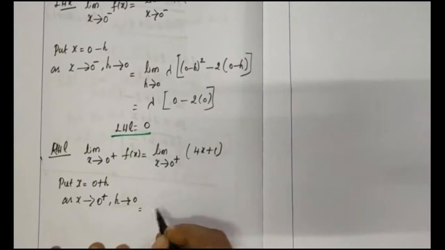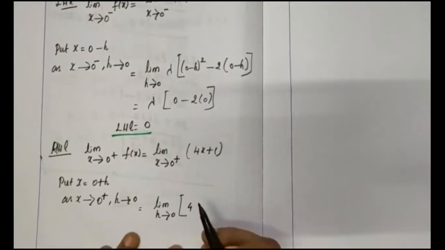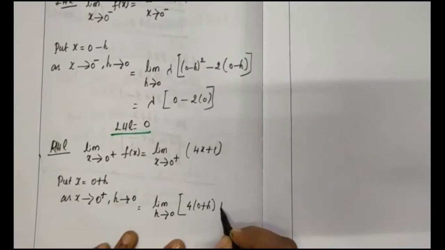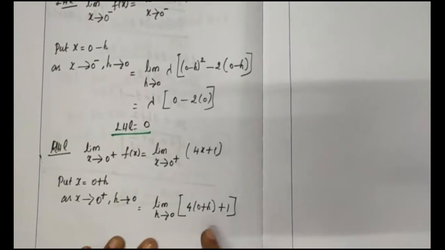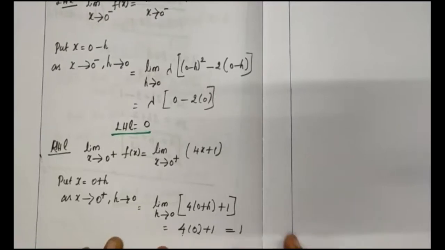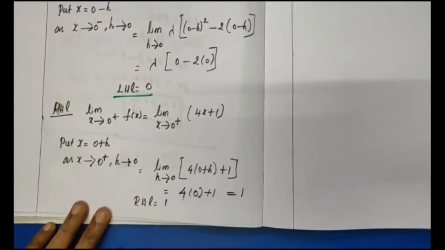Therefore this line changes to limit h tends to 0 of 4 into (0 plus h) plus 1. Here substitute h is equal to 0. Therefore 4 into 0 is 0, plus 1, it is equal to 1. So the right hand limit value is equal to 1.